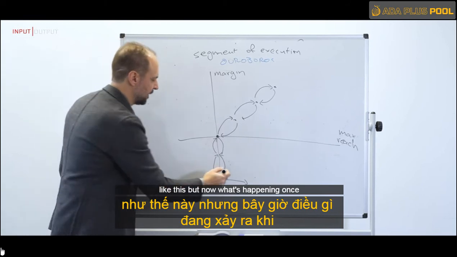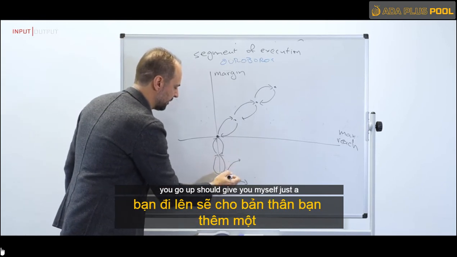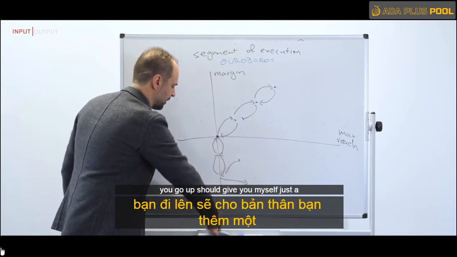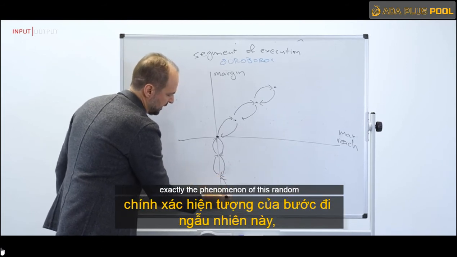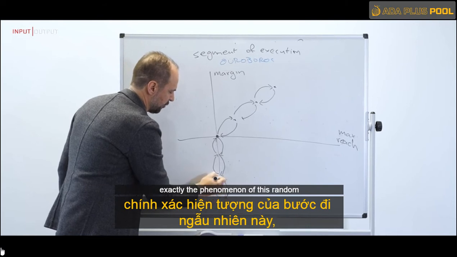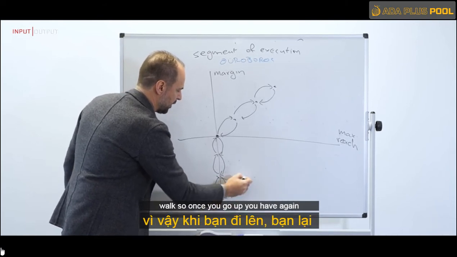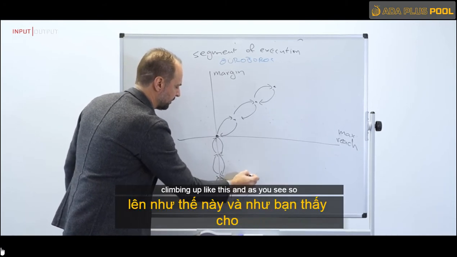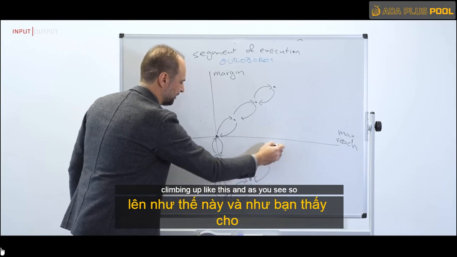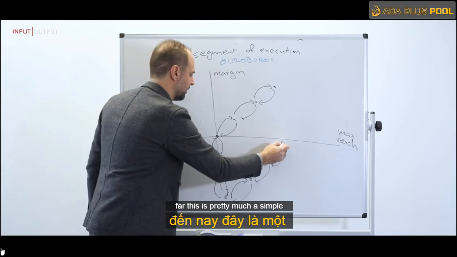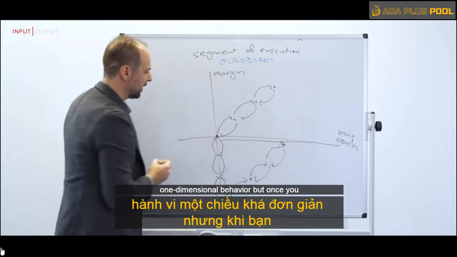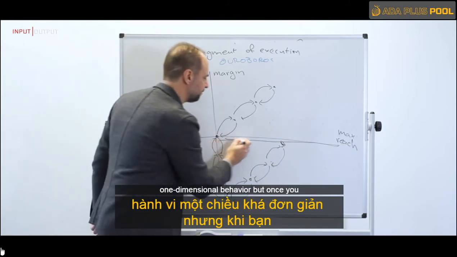But now, what's happening once you go up, I should give myself just a little bit more space to show you exactly the phenomenon of this random walk. So once you go up, you have again the random walk climbing up like this. And as you see so far, this is pretty much a simple one-dimensional behavior.